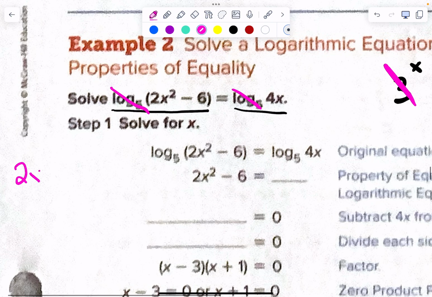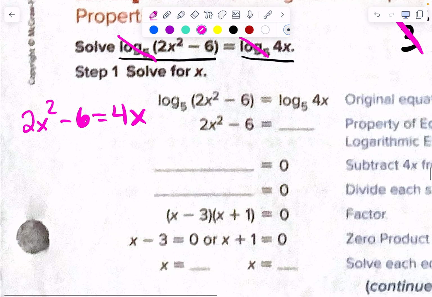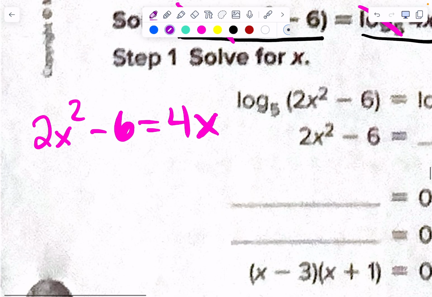So I've got 2x squared minus 6 equals 4x. Okay. Now what would you like to do? Divide by 4x. We can't divide by 2x because the 6 doesn't have an x. Good thought. I'm going to divide everything by 2 though. Sure. We can reduce everything by 2.